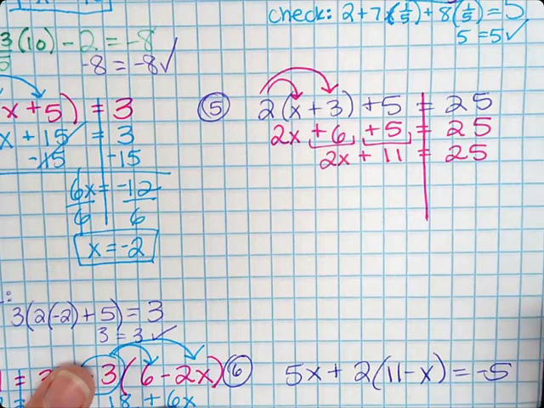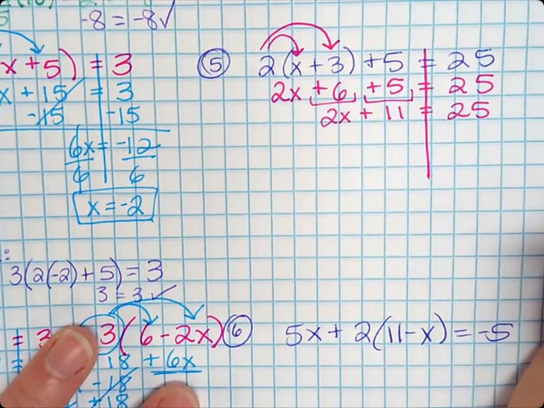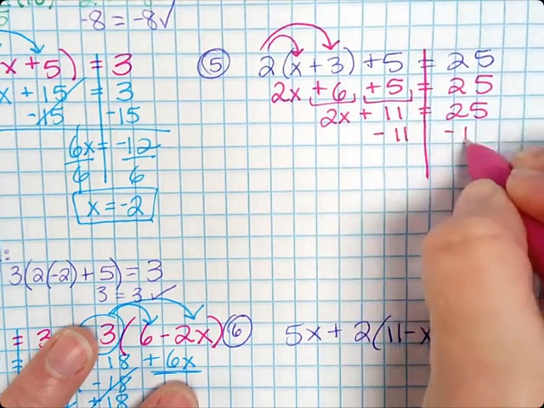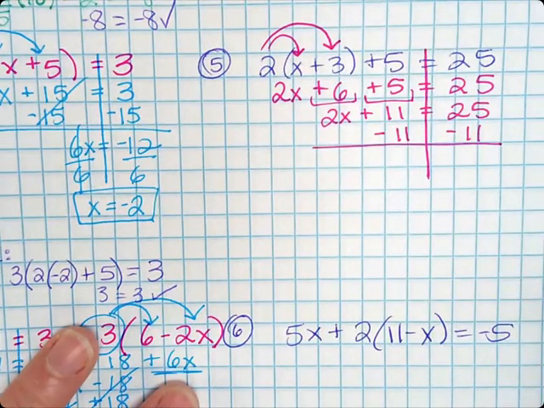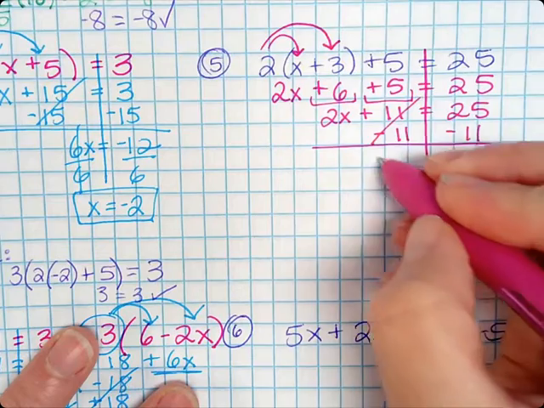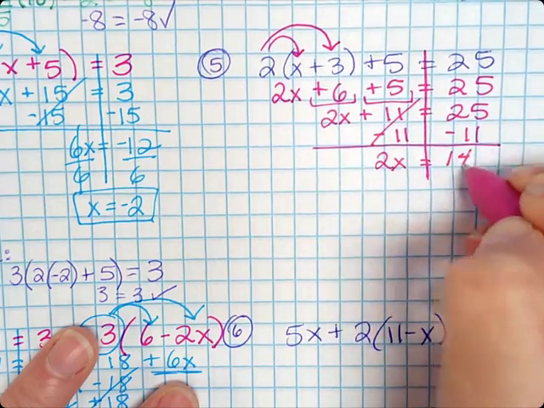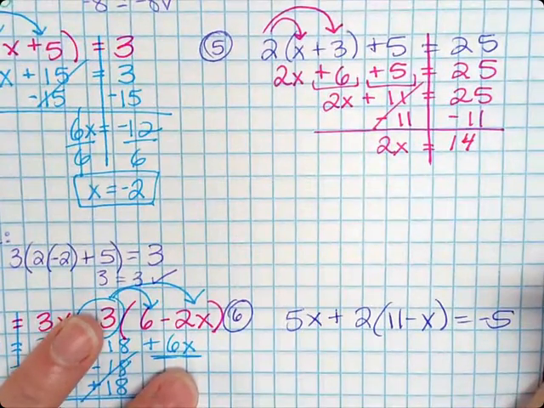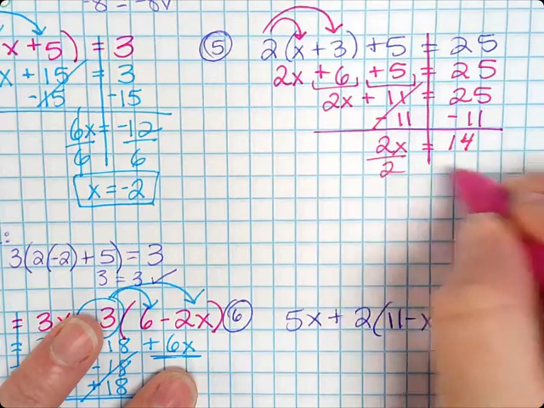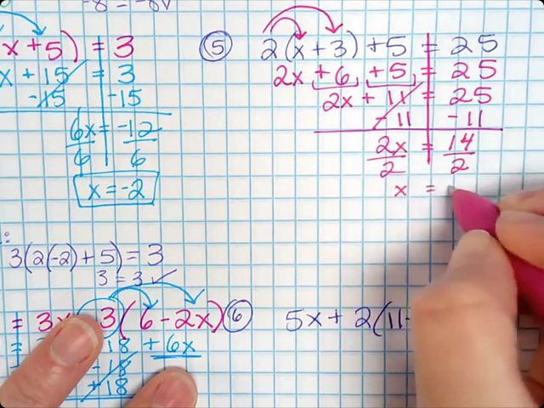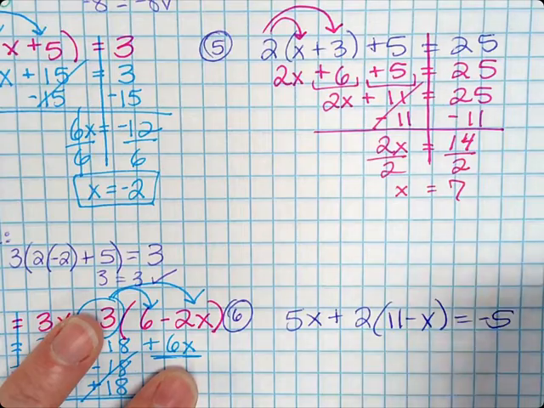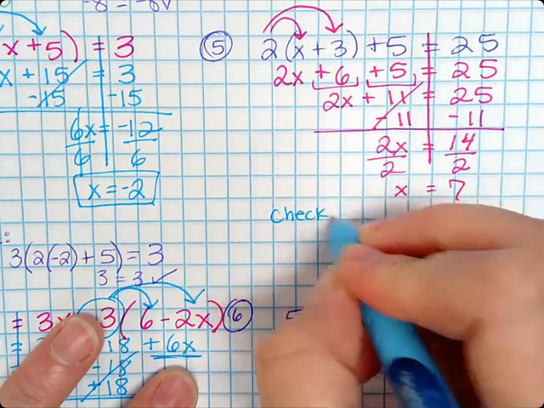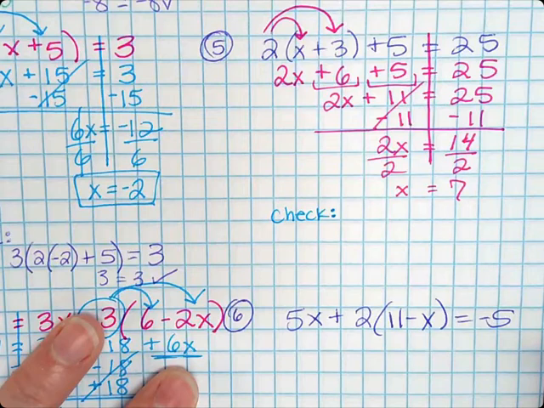So now it's a simple equation to solve. Subtract 11 on both sides. 2x equals 14. Divide by 2. Yep, x equals 7. We need to check our work by using substitution.